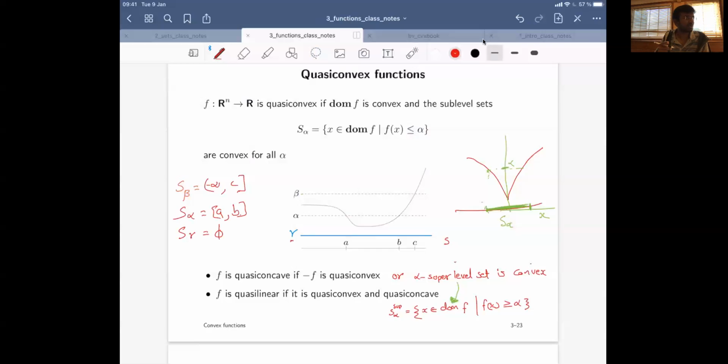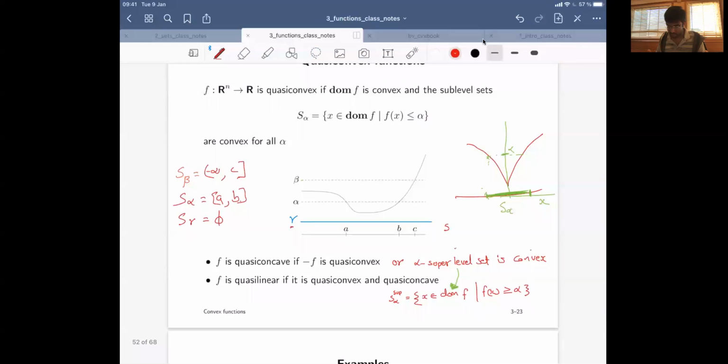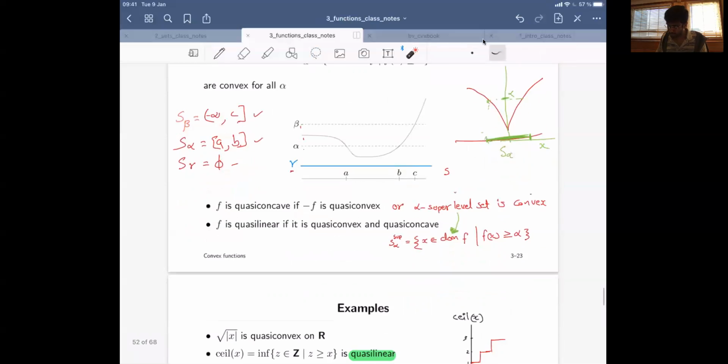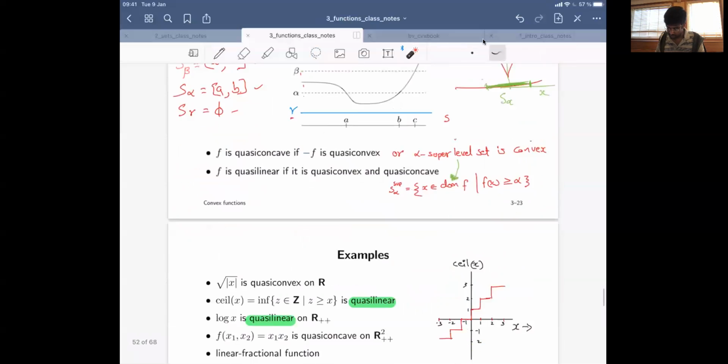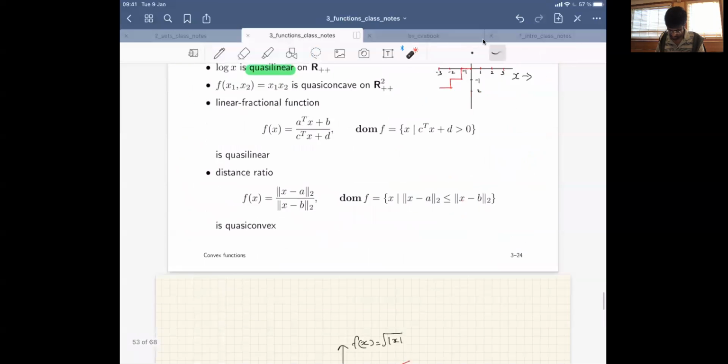If you say zero, it means that set has one element which is zero, that's different. Okay, so null set. So now what I'm saying is, no matter what the value is, whether this is alpha, beta, or gamma, or any value, the set that you are getting has to be convex. So here you can find that all these sets are convex, right? All these sets are convex. That is the definition of quasi-convex.